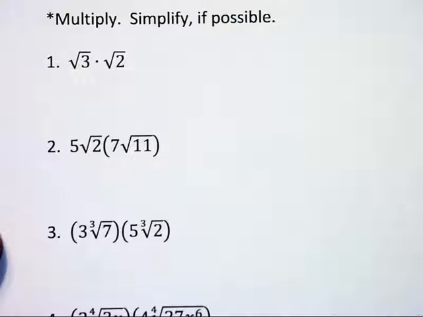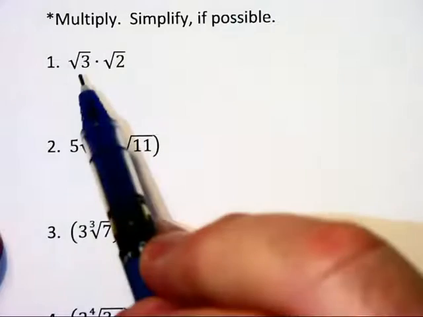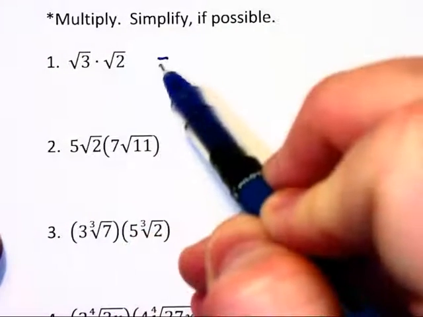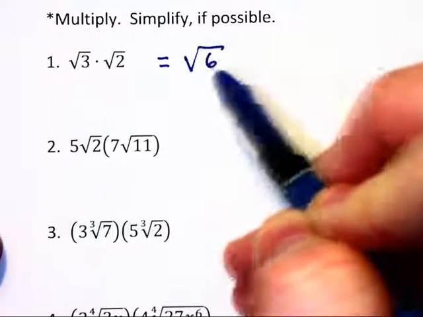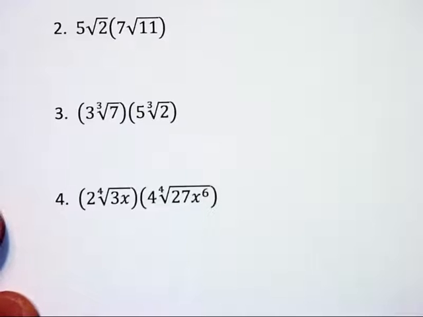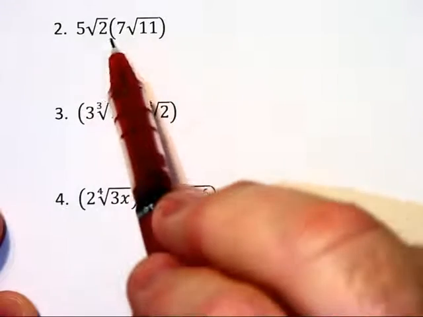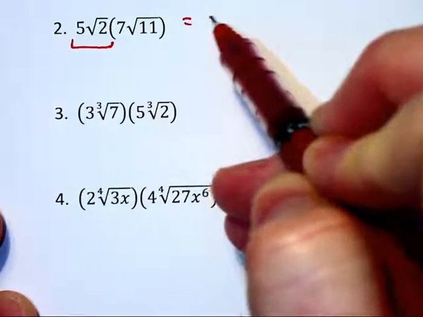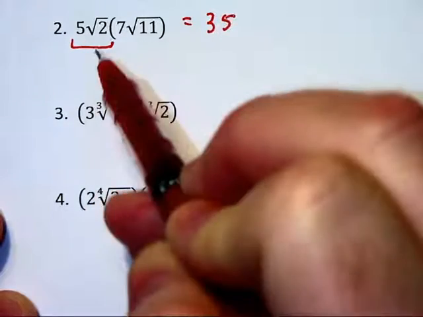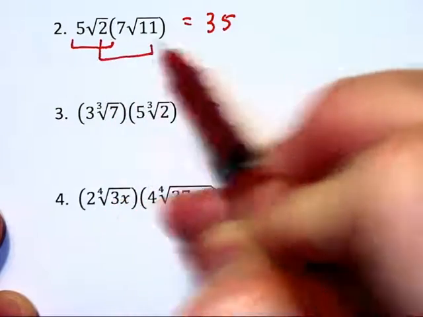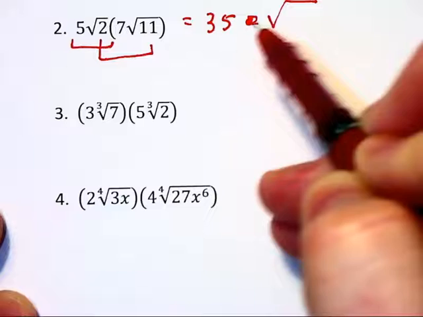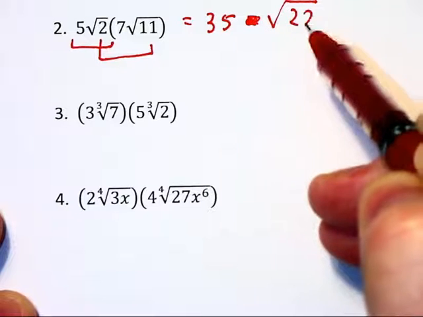Let's multiply these together. In this first problem, the square root of 3 times the square root of 2, they're both square roots. We multiply the radicands together and we get the square root of 6. For problem number 2, we see that we have square roots again. The 5 and the 7 are on the outside, so we multiply them separately, and then we do the inside of the radicands to get times the square root of 22.